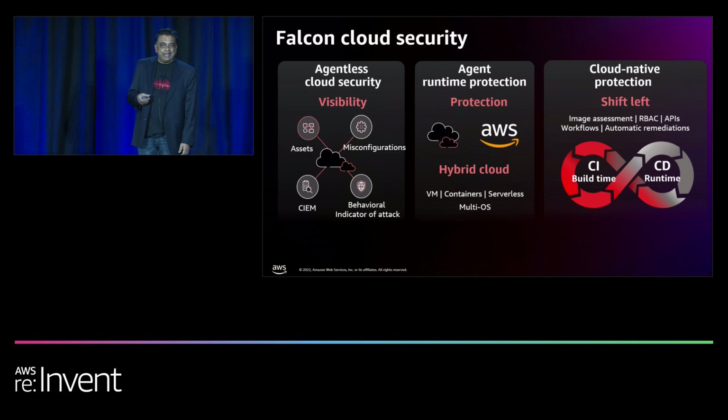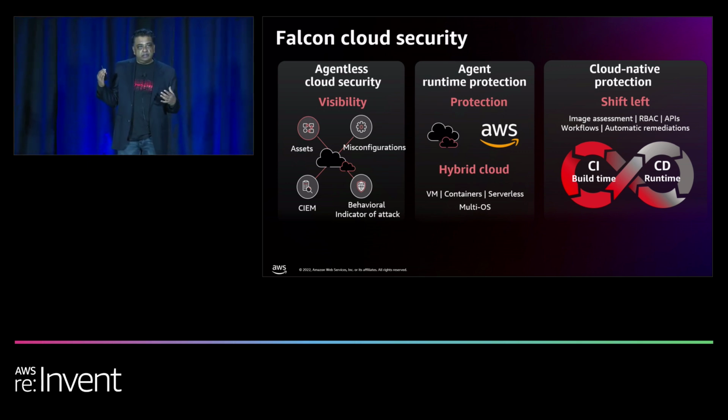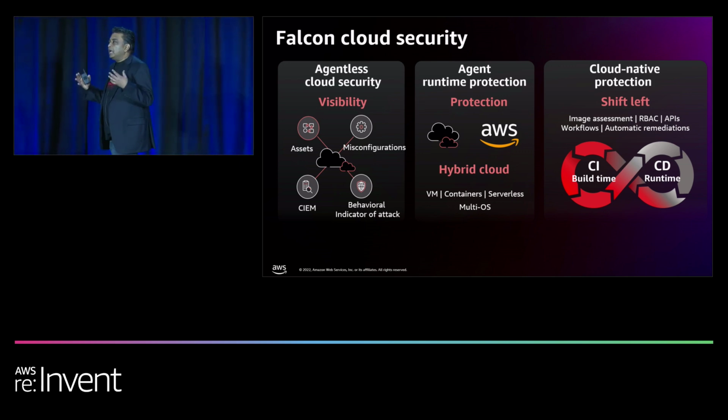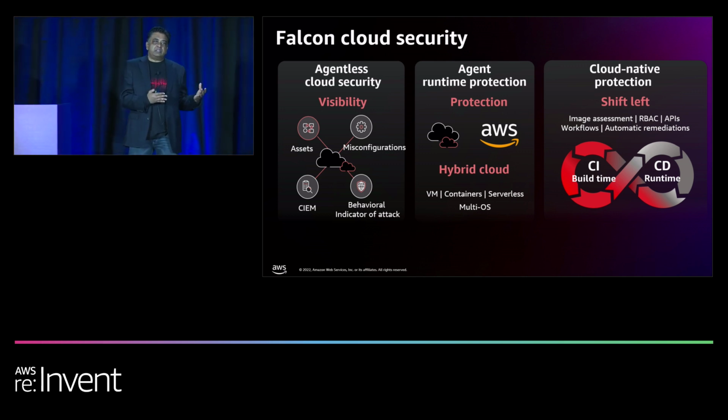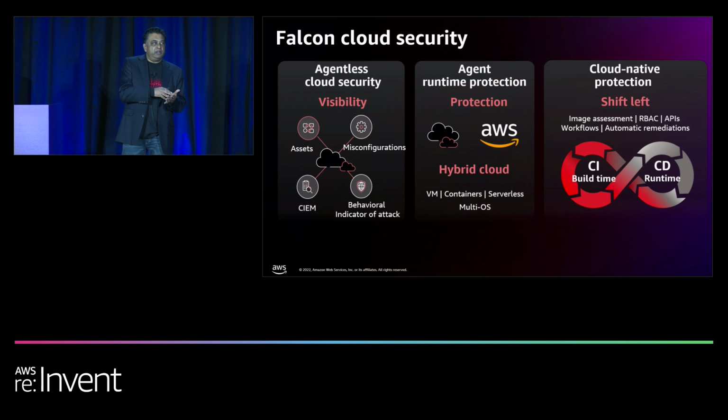And that's where the agent-based protection comes into play. With CrowdStrike's tremendous strength in endpoint protection, protecting Linux and Windows environments, and having built sensors for the past decade or so, we use that experience now to protect your compute infrastructure, your multi-operating environments, multiple versions of operating environments.